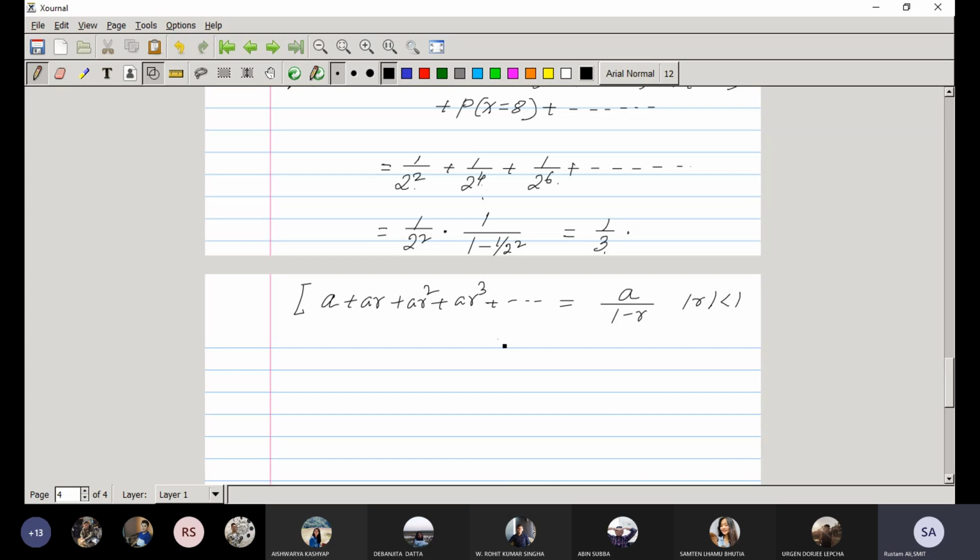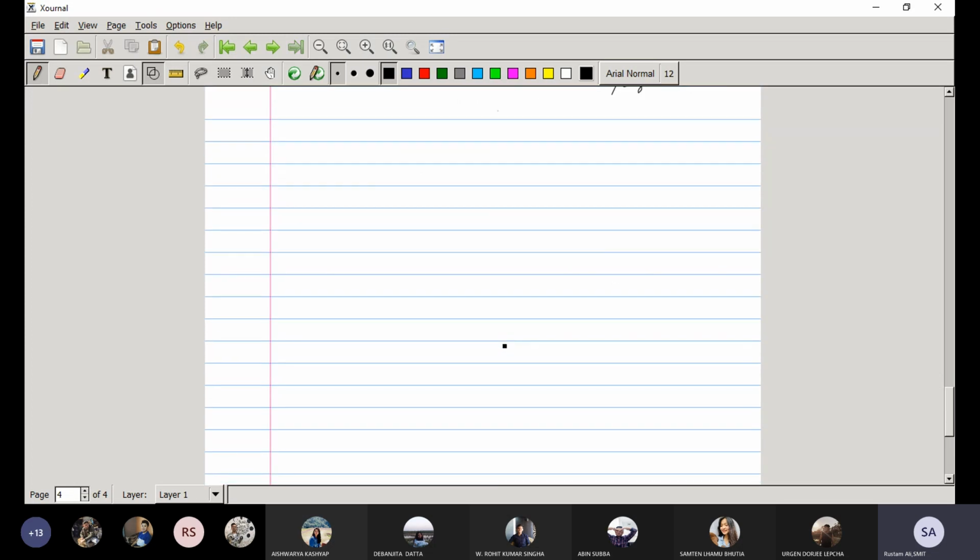Now let us try to find the other one, probability x is equal to what? So what are the values that x can take? X can take the value 1, the value 3, the value 5, the value 7, and so on.